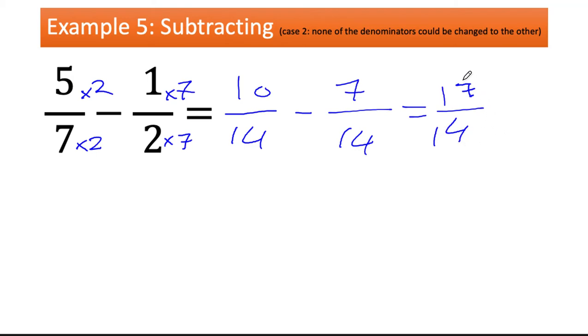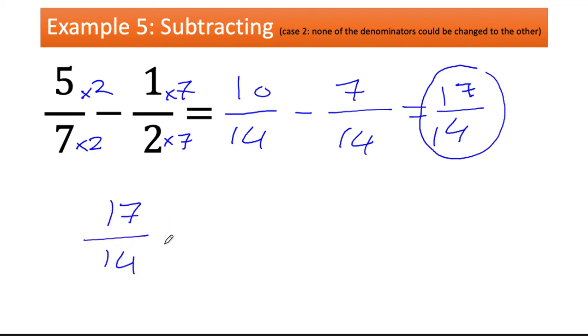The question here is, this is an improper fraction, 17 over 14. And we know that if it's an improper fraction, it could be changed to a mixed number. How can we do this? How many 14s can we take from the 17? Yes, we can take one 14 from 17, so it will be 1, and the remainder is 3.